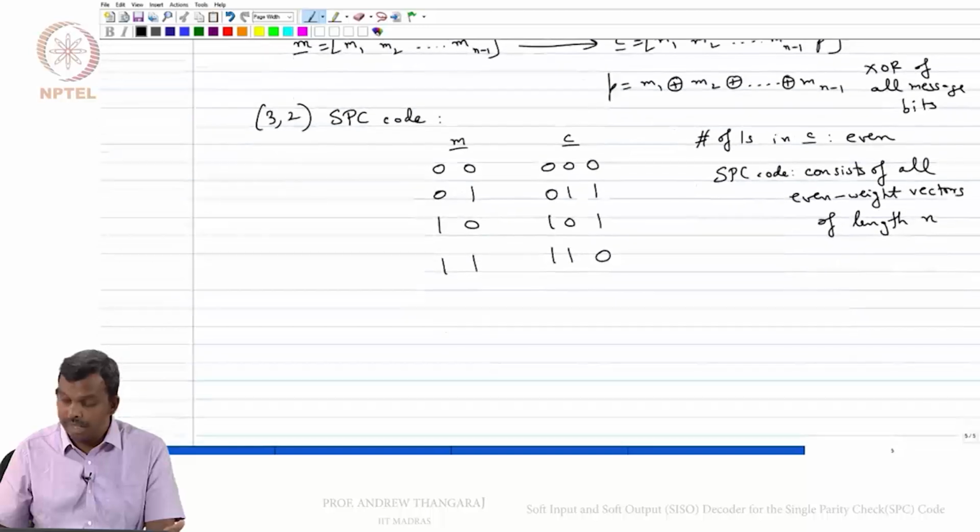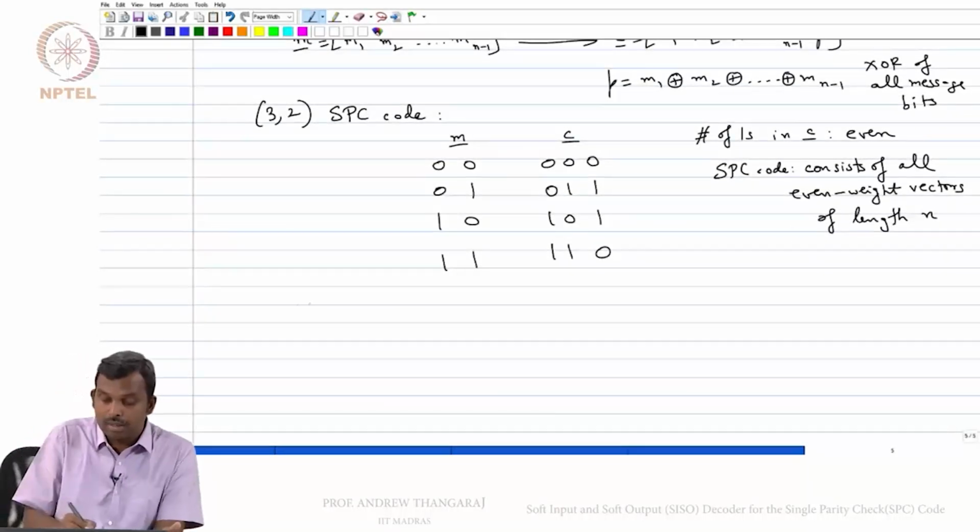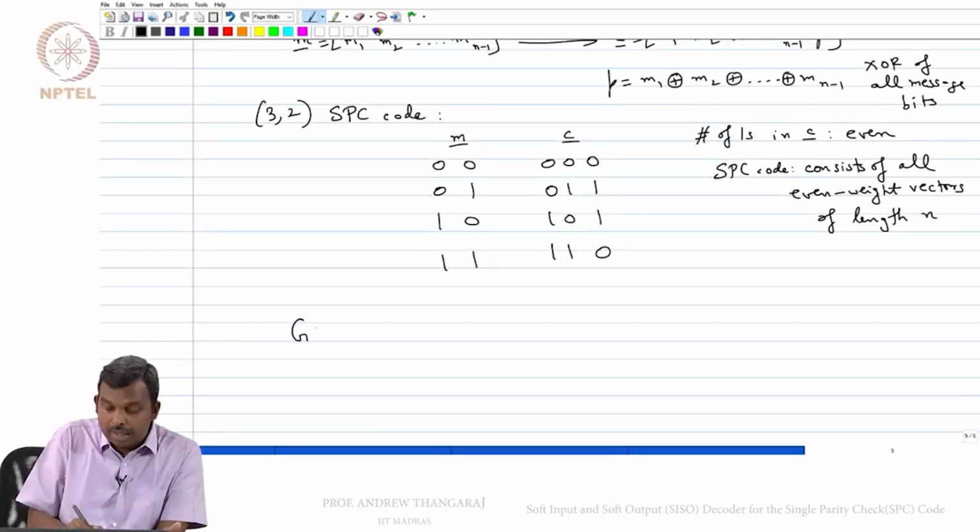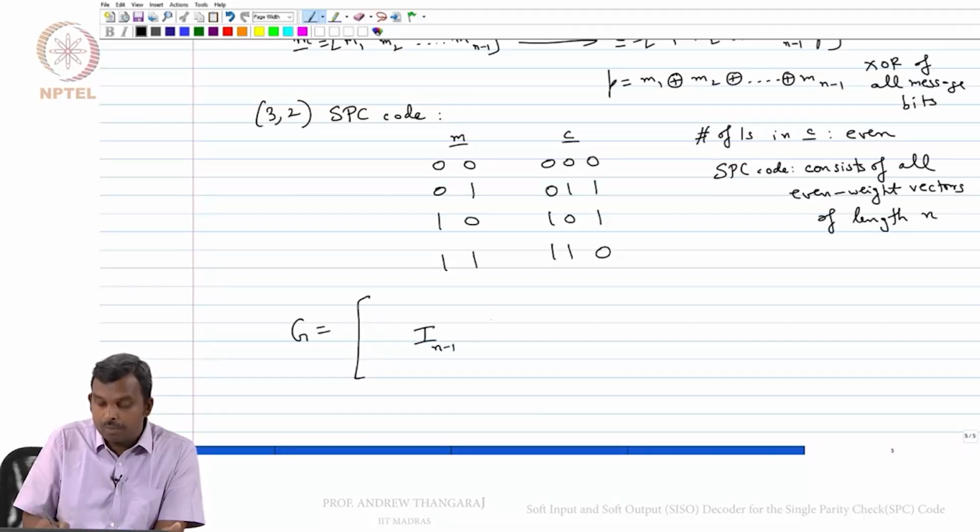Now, what about the generator matrix and parity check matrix for the single parity check code? The generator matrix is quite easy to write down. You have I n minus 1. Okay. So, once you are done with the I n minus 1, the parity part has only a single column, and that is just all ones.